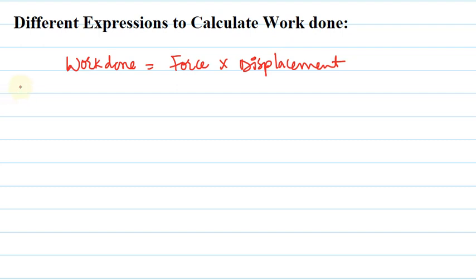Let us see. First possibility is both force and displacement are in the same direction.